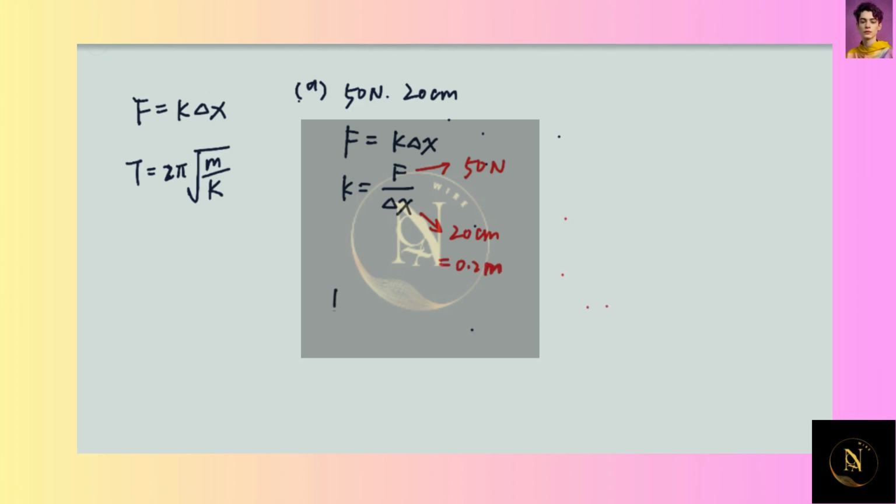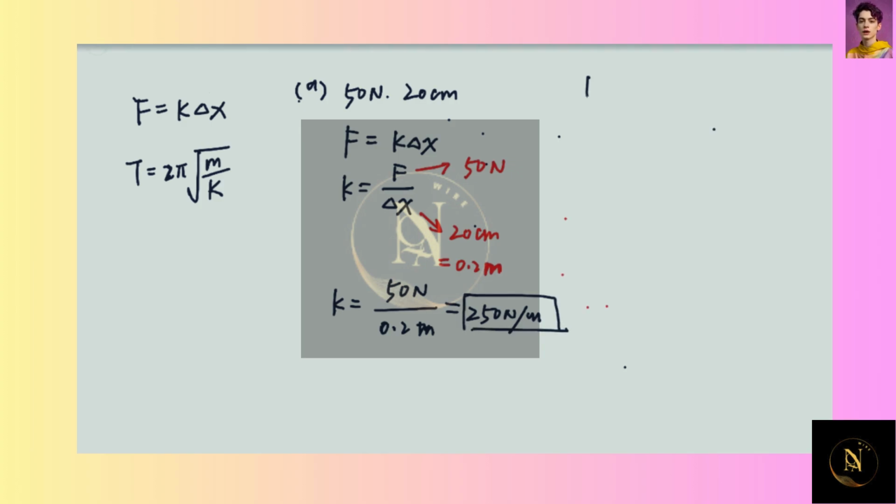And then we do the calculation here. k equals 50 Newton divided by 0.2 meters. It's going to give us 250 Newton per meter. And that will be the answer of A.